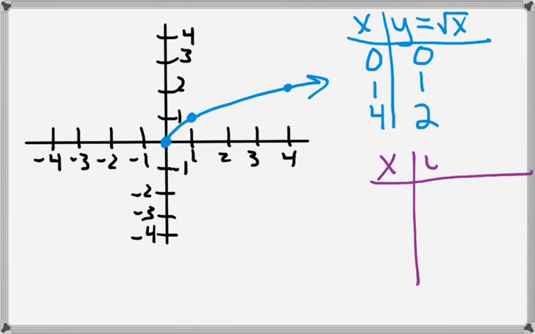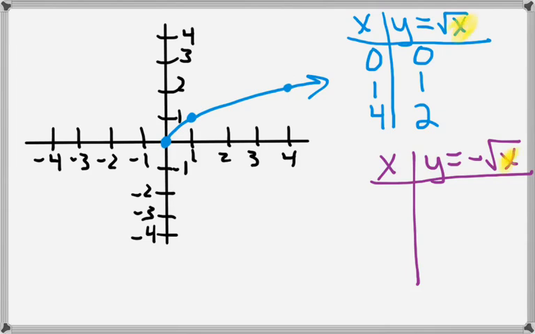Okay, now say we want to graph y equals negative square root of x. The negative's on the outside of the square root, so anything on the outside is a vertical change. That's going to affect the y's. Notice how inside the square root nothing changed, right?